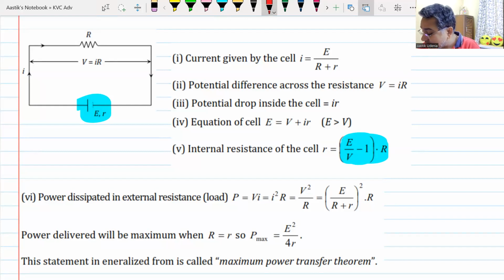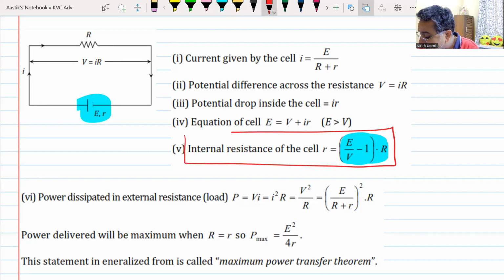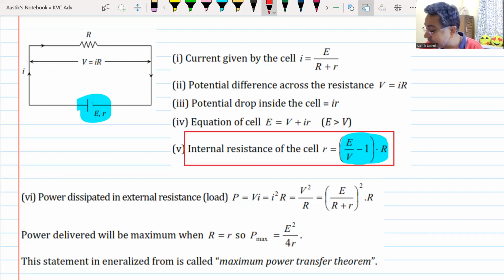When we do that, probably we will do it today or maybe tomorrow. In that case, we will be needing this result. So that's why it becomes a very important result, because we will be needing it in the next class.